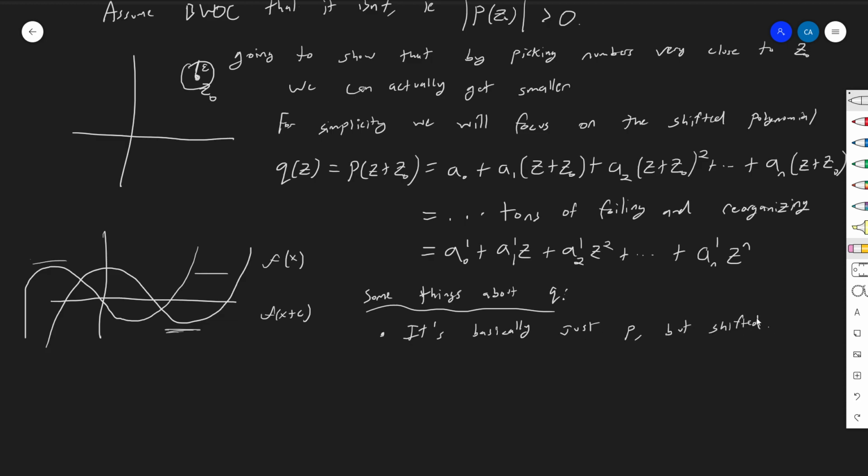The location of where everything happens has just been moved around in a predictable way. So mins and maxes are unaffected. Sorry, my handwriting's terrible, but you can listen to what I'm saying.